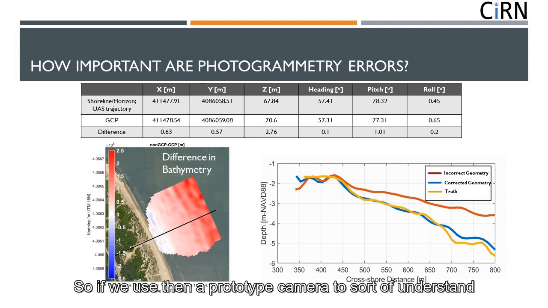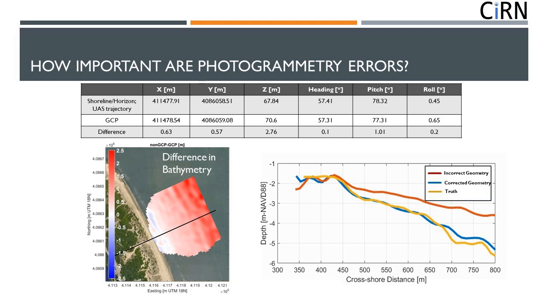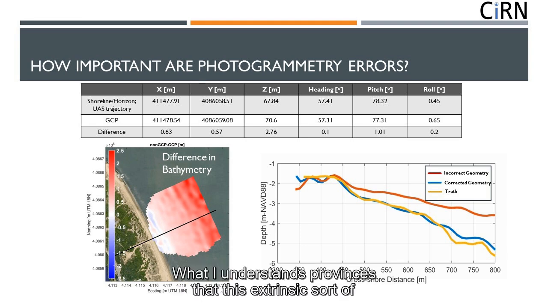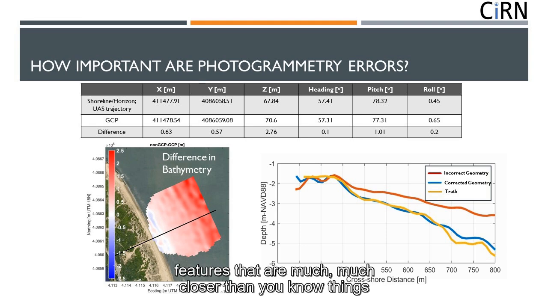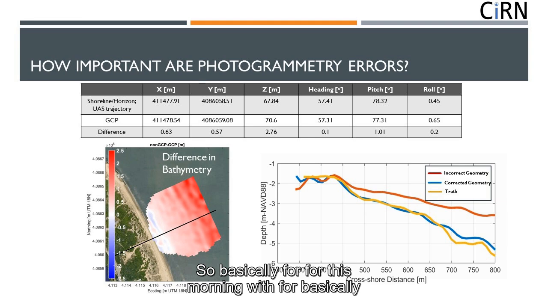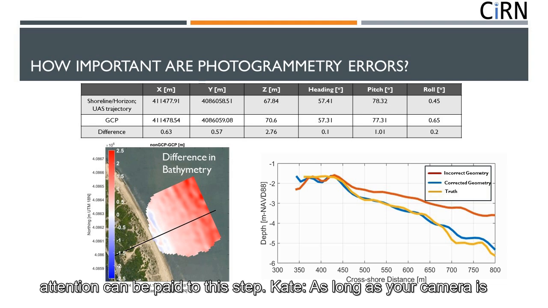So if we use a GoPro type camera to understand the location or position of the shoreline, what I understand is that this extrinsic correction might not matter as much, because we are looking at features that are much closer. So basically for GoPro or production cameras, standard cameras that are not Argus, it seems that less attention can be paid to this step.